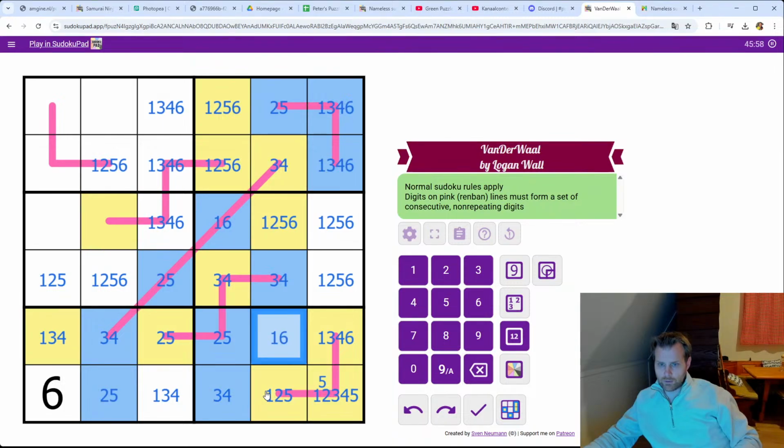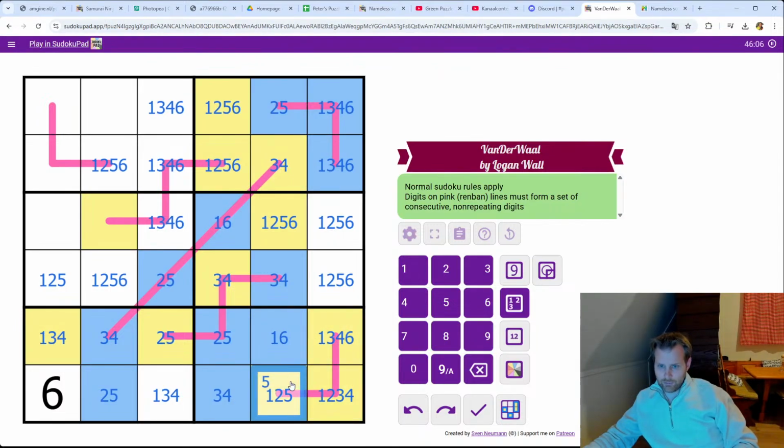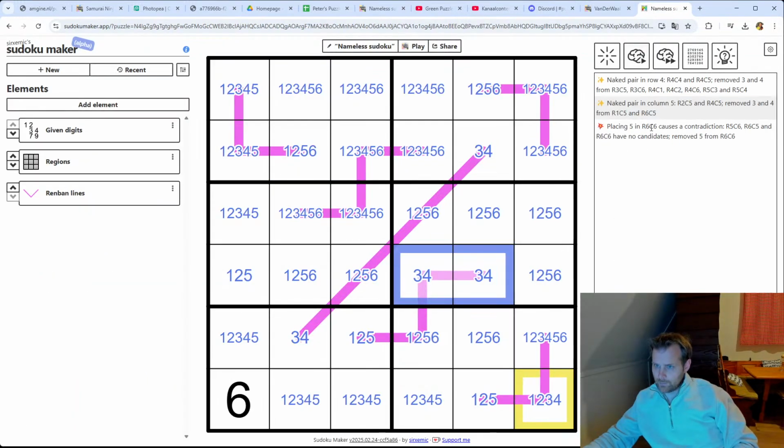Okay, that can't be a 5. But why can't this be a 5? Because then this will be a 4, this will be a 6. If placing a 5 in row 6, yeah, okay.